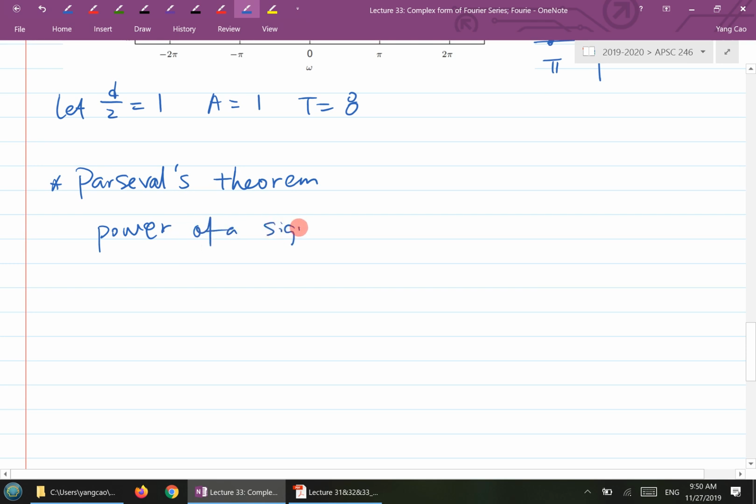If you have a signal given, then what is the power of the signal over a certain amount of time? If the signal is a periodic function, there's a power. If non-periodic, you also have a power. So how do you calculate the power of this? It's given by this Parseval theorem. I want you to take a quick look at this. It's a very straightforward theorem.